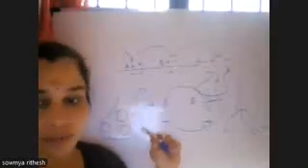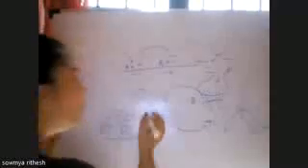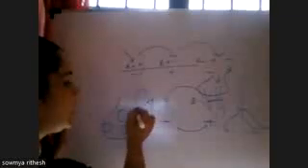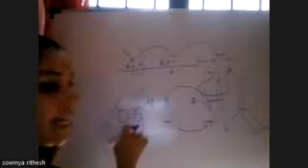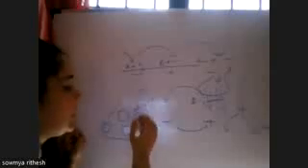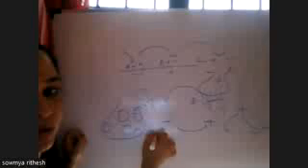When the impulse reaches the synaptic knob, what happens? Outside there are calcium ions. These calcium ions come inside the synaptic knob, and the synaptic vesicles fuse with the membrane of the synaptic knob.